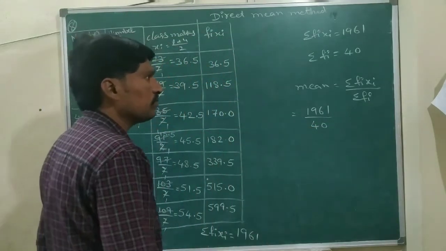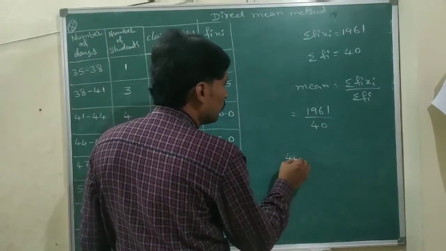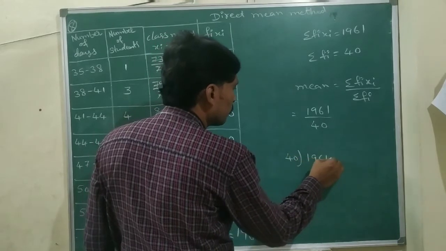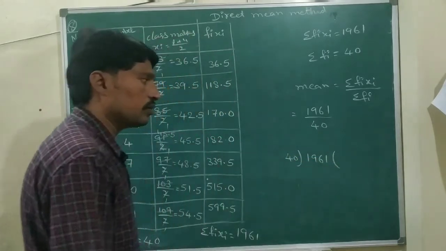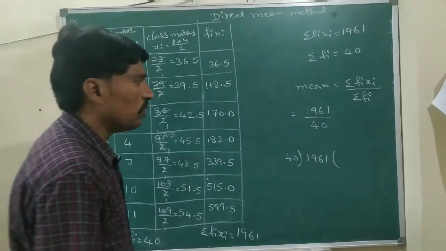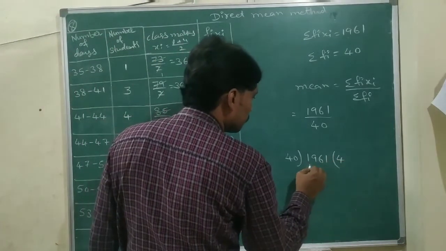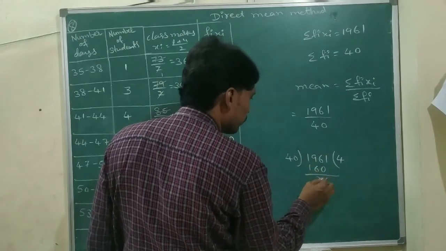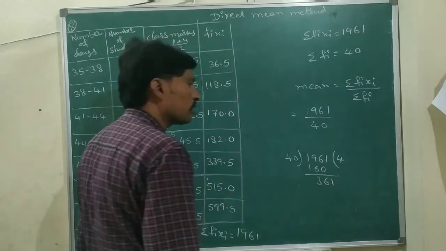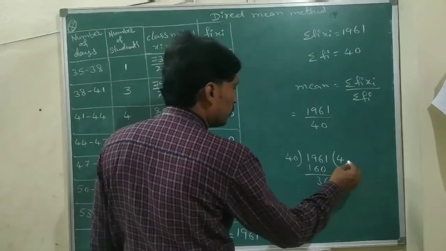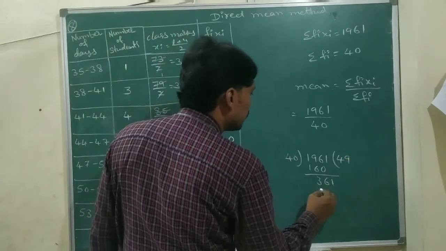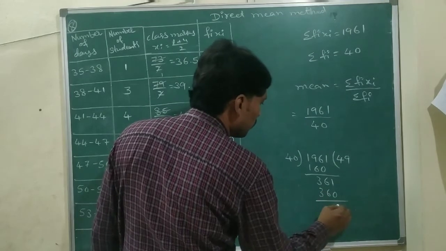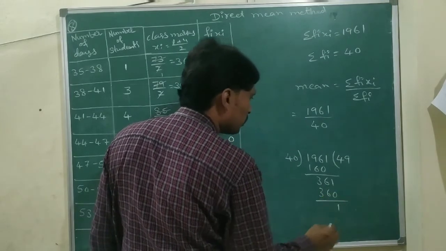Now we need to take the division. 40 table time taking. 40 1s are 40, 40 2s are 80, 40 4s are 160. 6 and 3, 9 minus 6 is 3, here 1 as it is. 40 9s are 360. Here 361 minus 360 is 1.